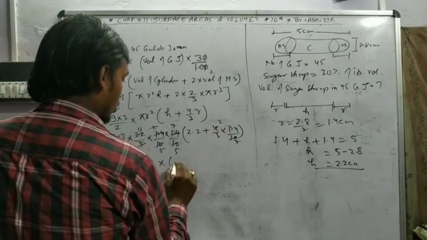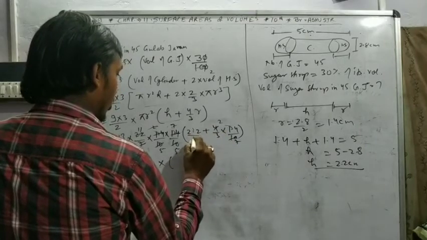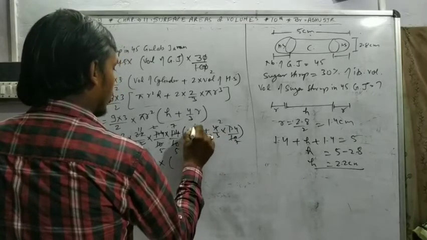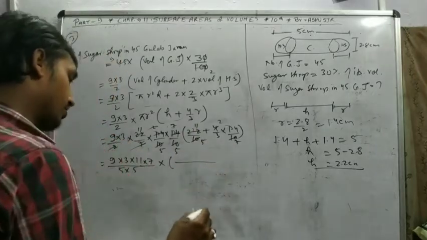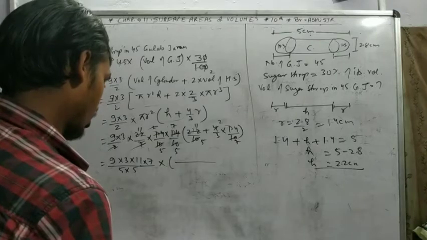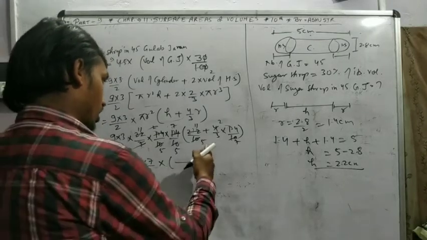Upon 10, 2 5 is 10, 2 11 is 22. Take the LCM. Is anything common?